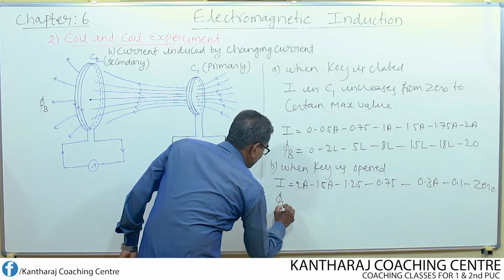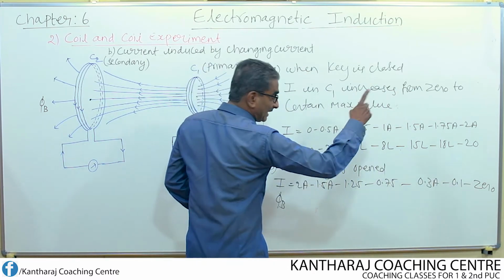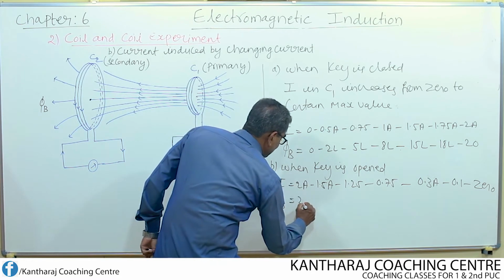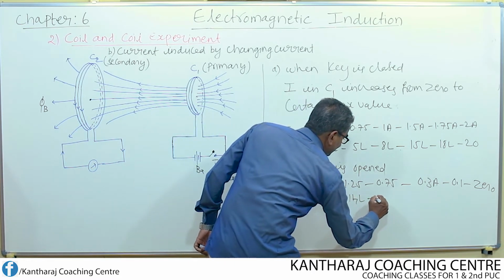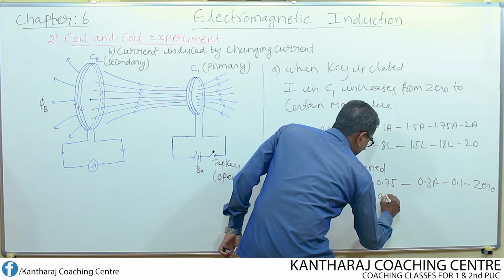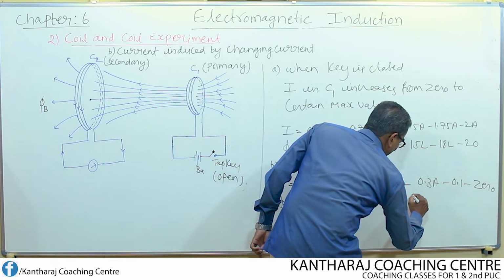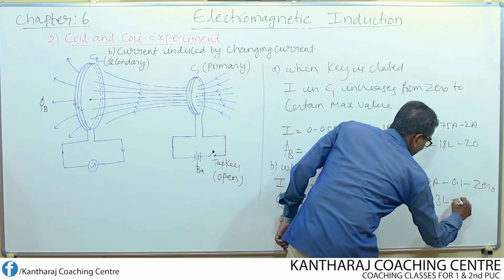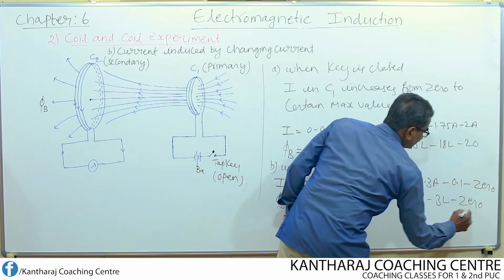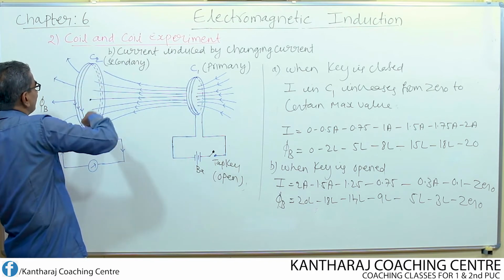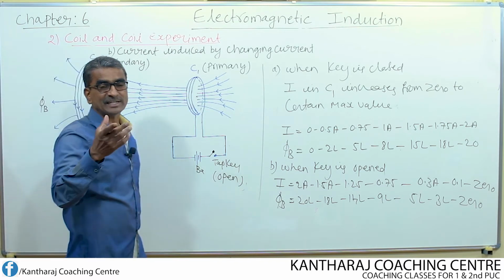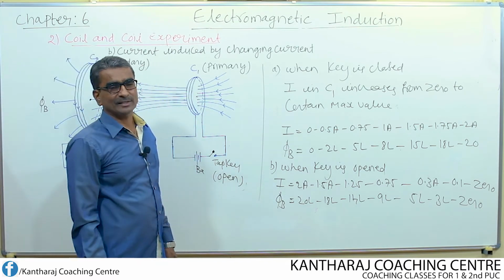Thereby magnetic flux also decreases from maximum to 0. Say for example, 20 lines now may become 18 lines, 18 lines may become 14 lines, then 9 lines, then 5 lines, 3 lines, then finally 0. So once again the magnetic flux linking with the secondary coil is changing in a decreasing manner.